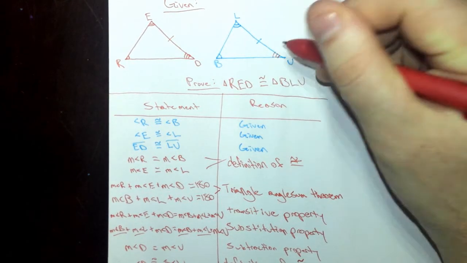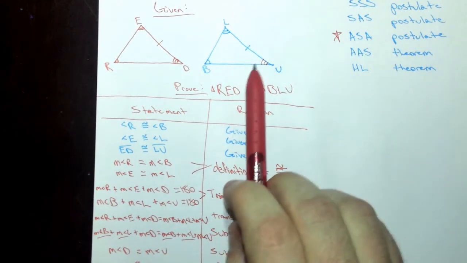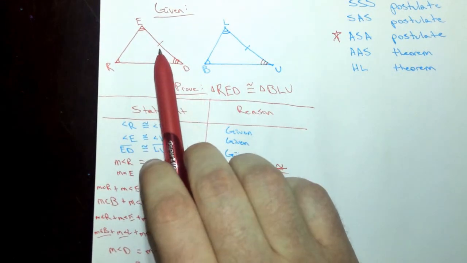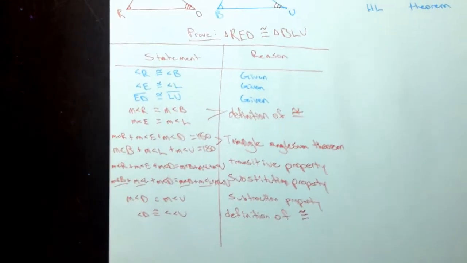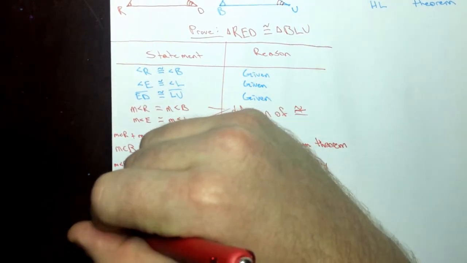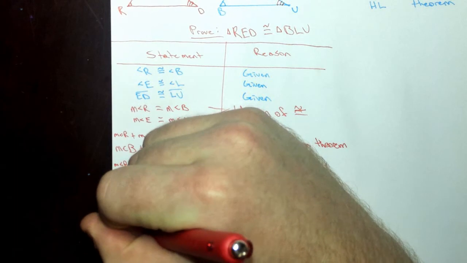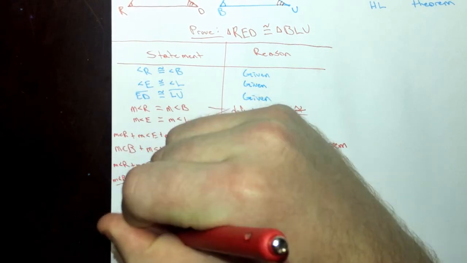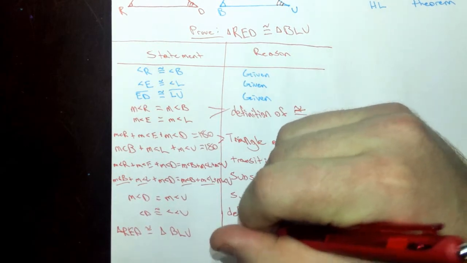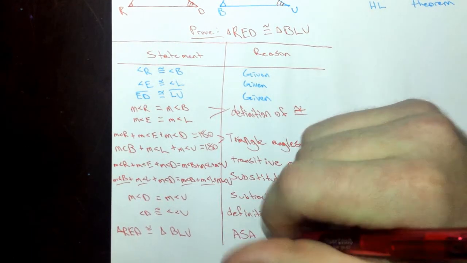And then now, what do we have? I have two angles and a side in between them matching up with two angles and a side in between them on another triangle. I can go through and claim now that triangle RED is congruent to triangle BLU because of the angle side angle postulate.